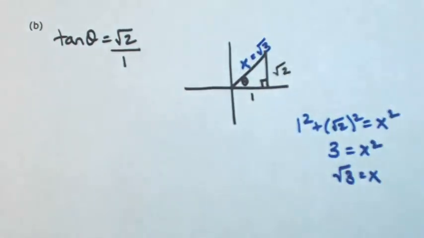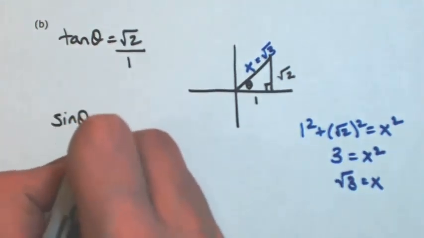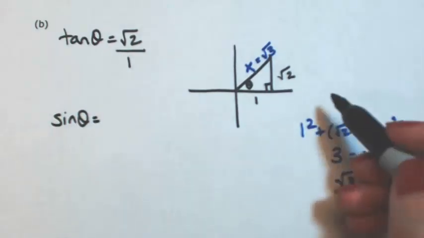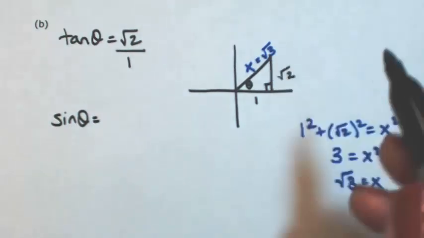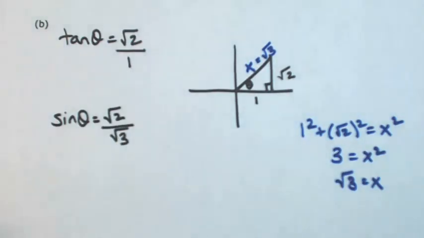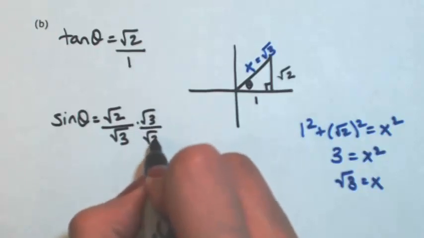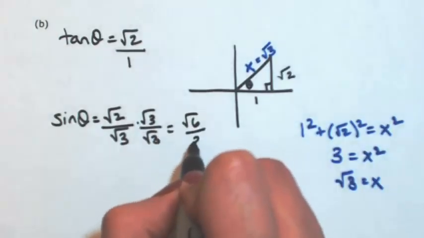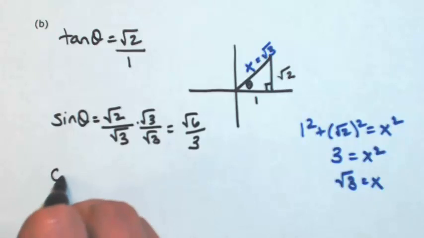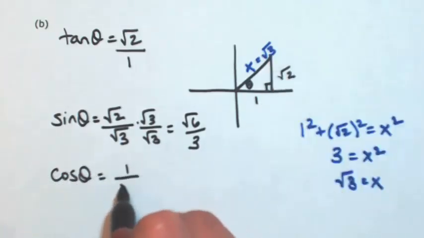So once I have all the sides, now it's pretty simple. So let's start with maybe the sine of theta. Opposite over hypotenuse. So square root of 2 over square root of 3. Multiply top and bottom by square root of 3. So square root of 6 over 3. Cosine of the angle, adjacent over hypotenuse.